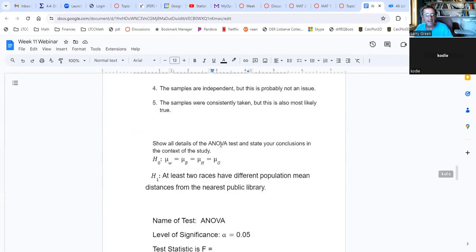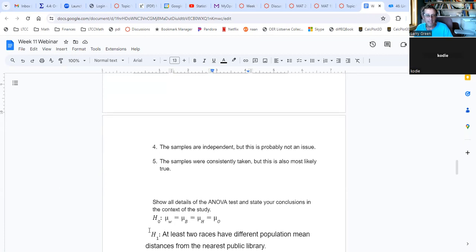So our H naught is going to be mu sub W, the population mean distance from the nearest public library for white people, is equal to mu sub B, the population mean distance from the nearest public library for black people, is equal to mu sub H, the population mean distance from the nearest public library for Hispanics, is equal to mu sub O, the population mean distance from the nearest public library for people of other races.